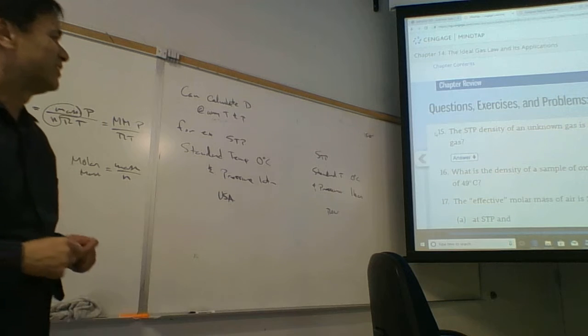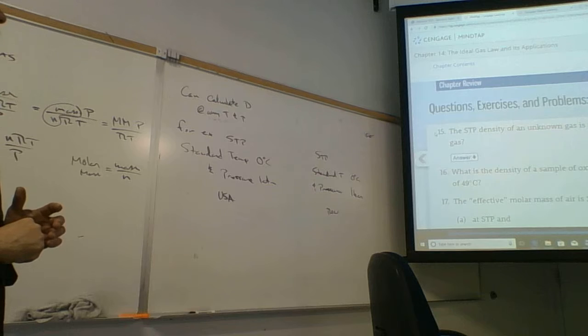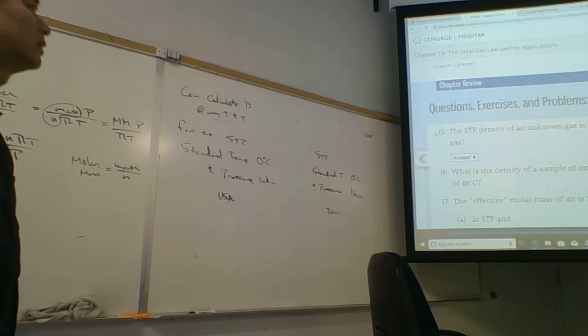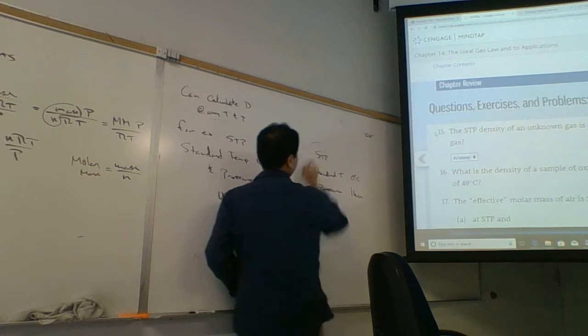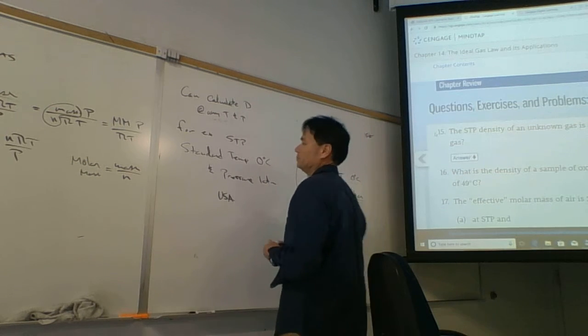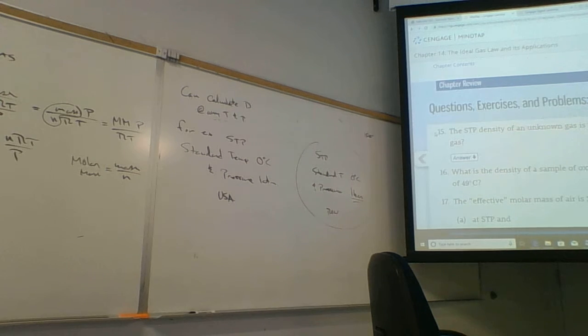So what are they doing? Are they doing bar or atmospheres? Bar? All right, we're going to do bar too. So we'll just pick this one. 1 bar. So we're going to use our density equation. Density is equal to molar mass times P divided by RT.